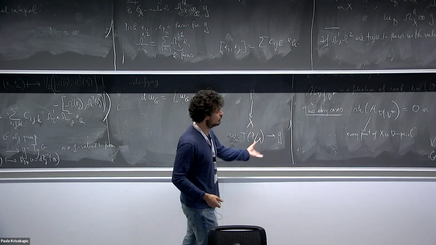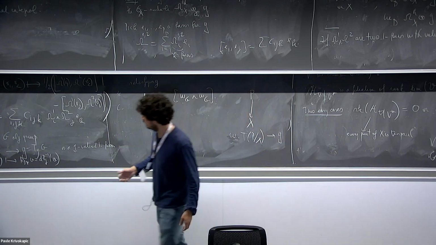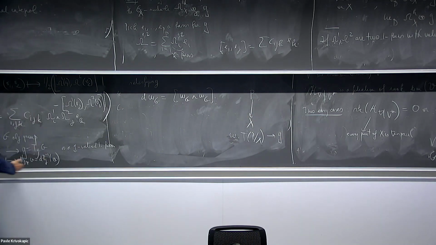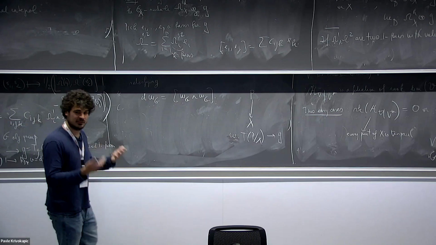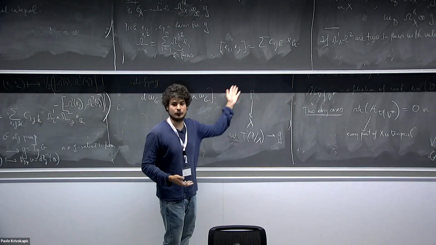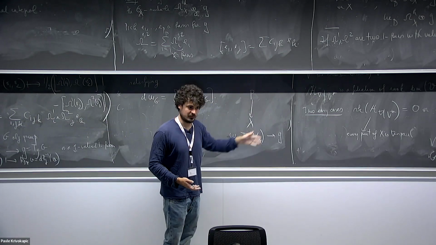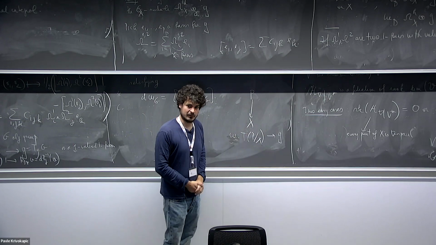This is just a way to give a canonical G-valued one-form on a group G, and since it's canonical, we will get it on all principal bundles in this form. And this is what we will be using.